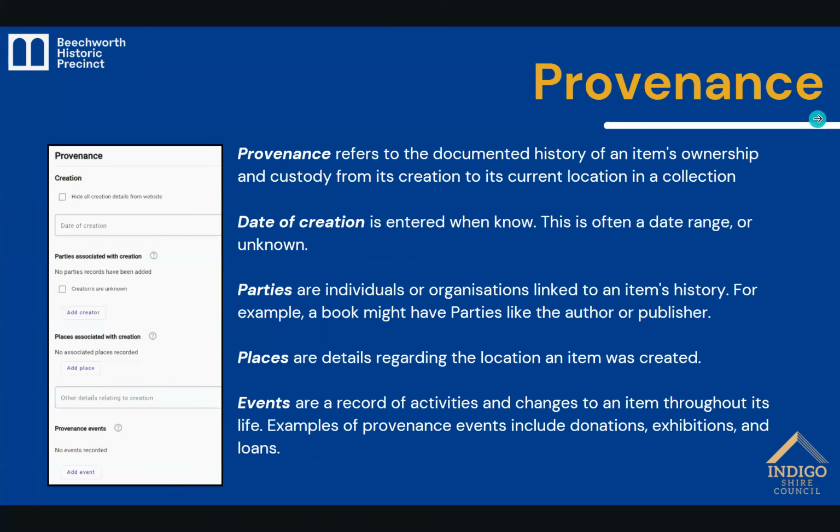So then we have provenance. This is the life and the story of that life of the item that you're cataloguing. It's documenting the history of the item's ownership and custodianship, all the way from its creation to it landing in the collection. A lot of these, unfortunately, are unknown for our collection.